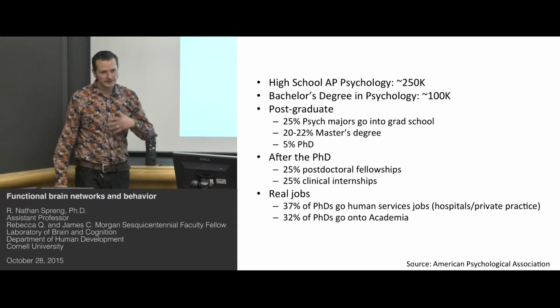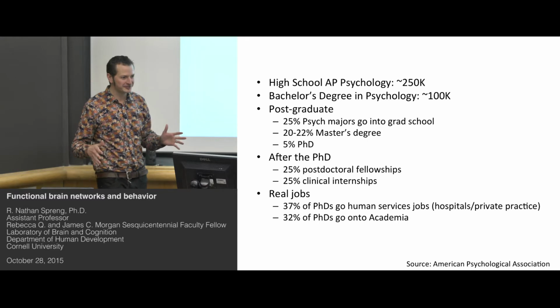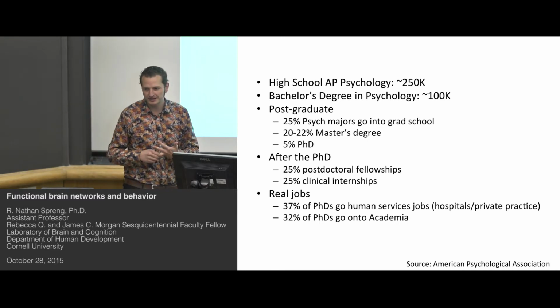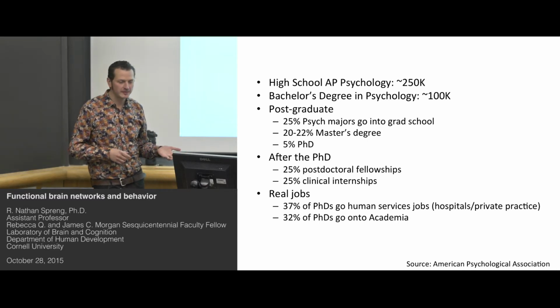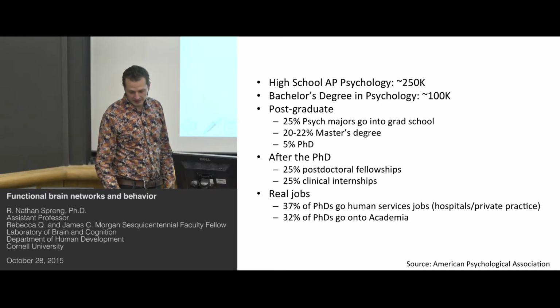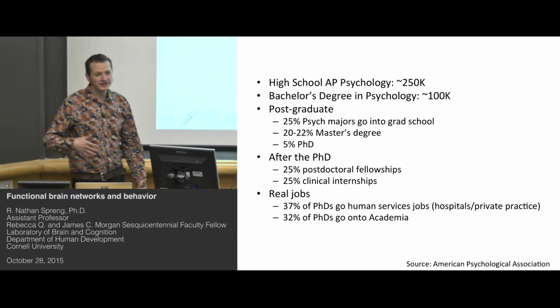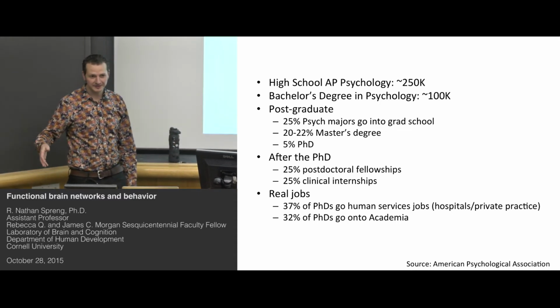After completing those 4 years, there's graduate school, where you can get a master's degree or a PhD. It's anywhere between 1 to 2 years for a master's versus 5 to 6 years for a PhD. Of those who major in psychology, around 5% eventually get a PhD.